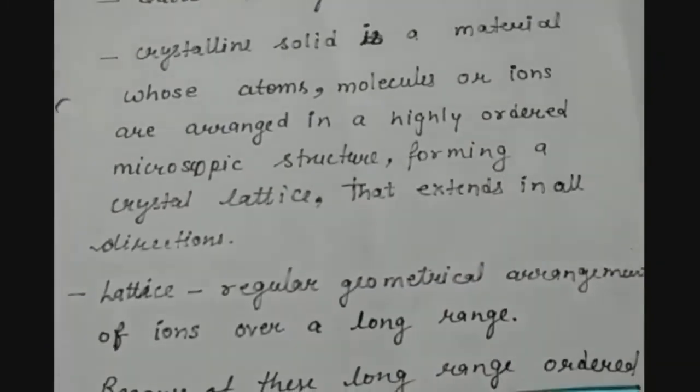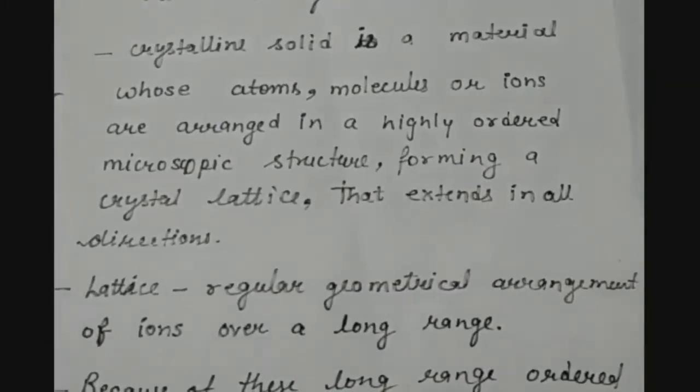These lattices are regular geometrical arrangements of ions over a long range. Because of these long range orders of the lattice, the salts or the crystals of the salt have a definite shape.